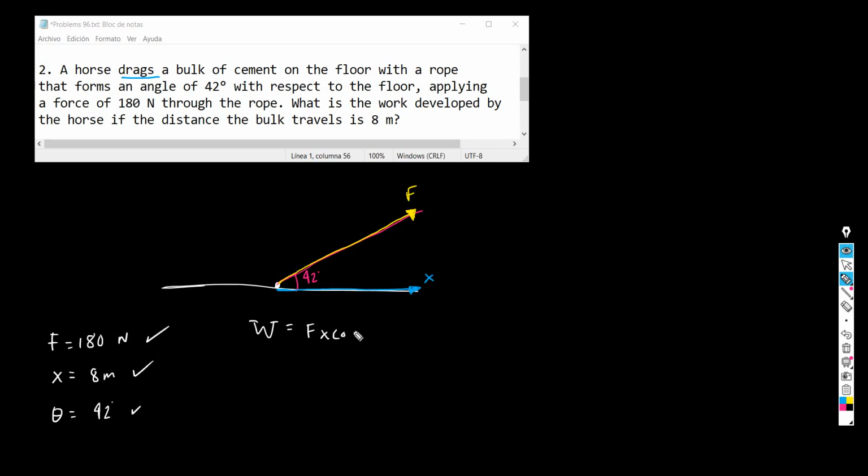I just write the formula, I just substitute the values that I had, and I calculate this times all of this. So let's use the calculator and let's see what we get.